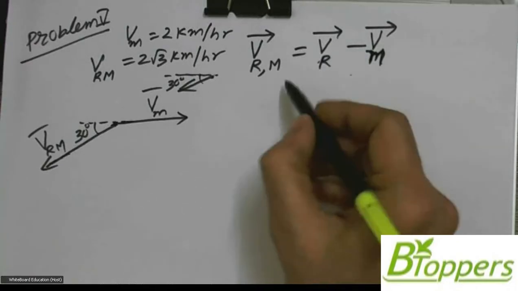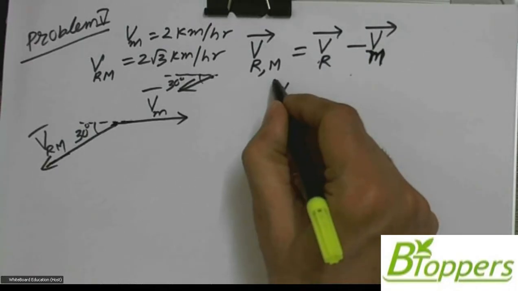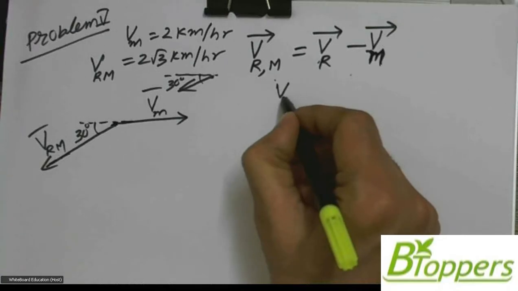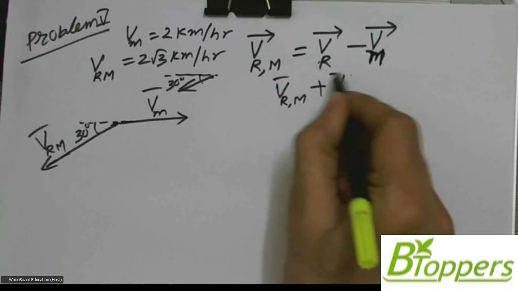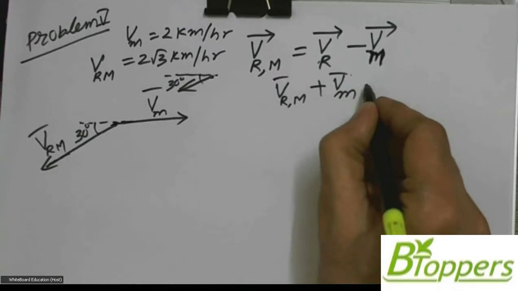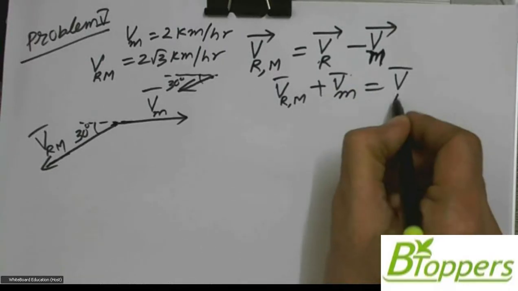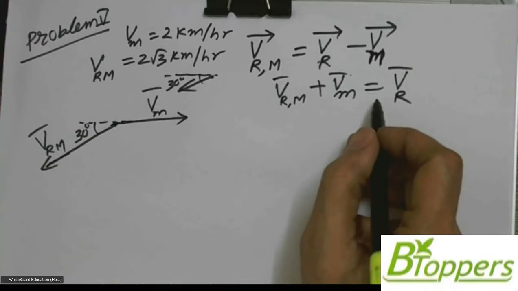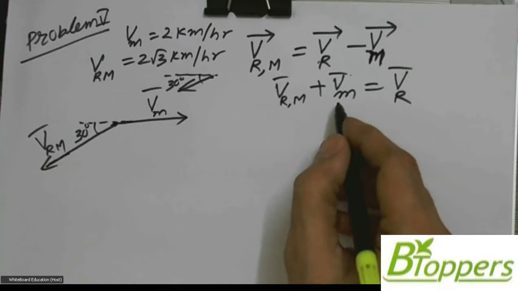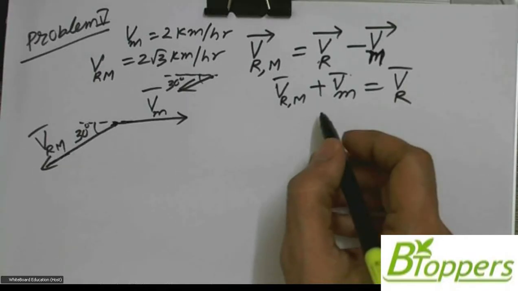You can carry this to the left hand side. So you can write the vector sum of the relative velocity of the rain with respect to the man and the velocity of the man equal to V R bar. Here also we are going to apply the parallelogram law of vector addition.